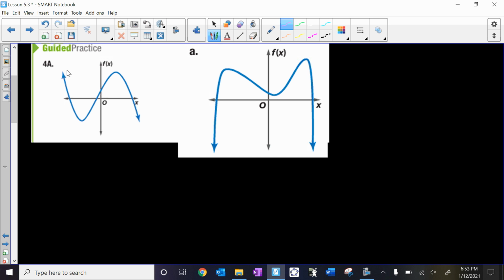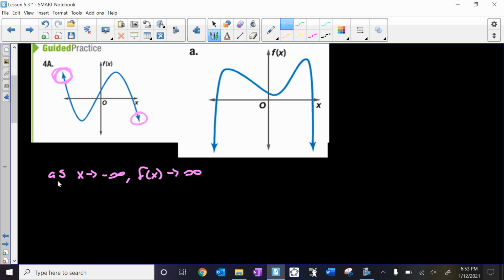I have to come up with 2 sentences because I have an end here and I have an end here. I'm going to describe this end first. The sentence that describes this end to the left is as follows. As x goes to negative infinity, f of x goes to infinity.